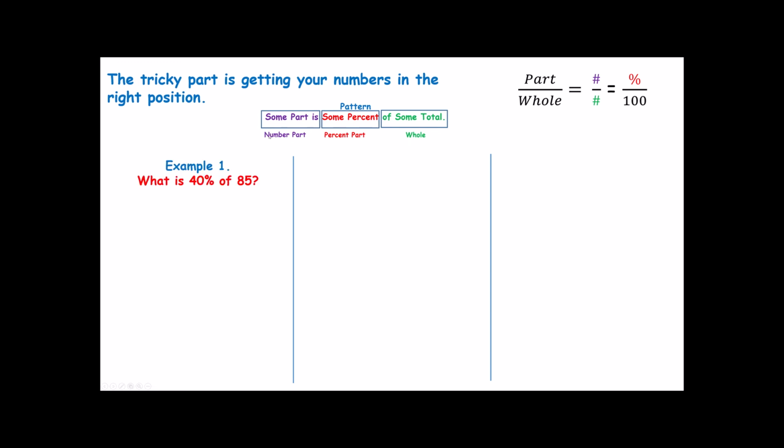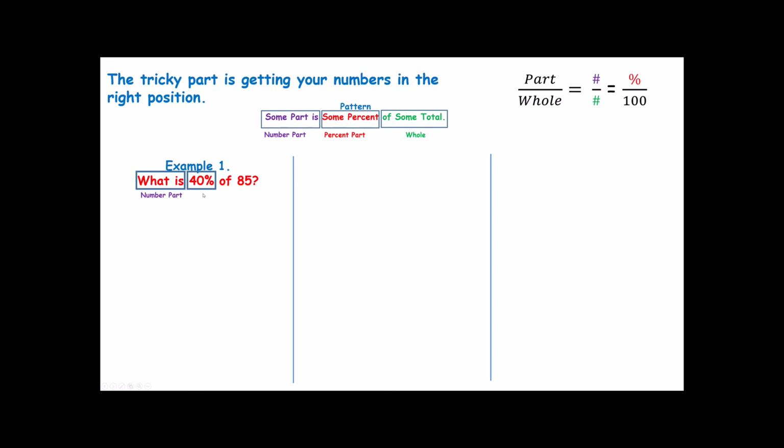So when I give you an example like this, what is 40% of 85? This is a very simplistic example that's designed to illustrate what we're going to be doing here. When I read this, I notice what is. That's my part. That's my number part. Something is. Notice that I don't know the number part.